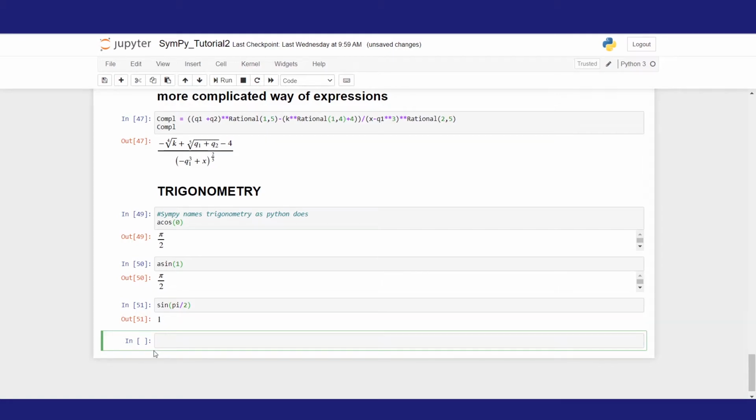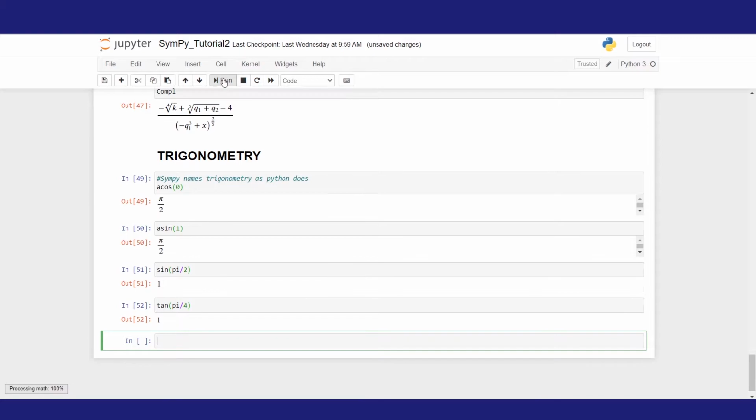So the same as tan of 45, which is pi over 4, it would give us 1. All right, so that means SymPy works basically in the same way as we would work with trigonometry in Python.